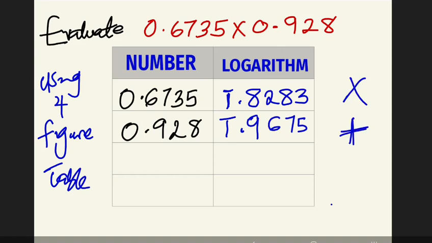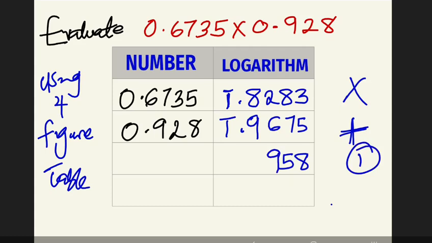So let's add 5 plus 3, we have 8. 7 plus 8, 15, we write 5 and keep 1. 6 plus 2, we have 8, plus this 1, that is 9.